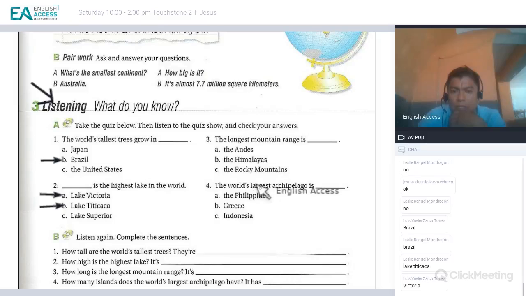The world's largest archipelago is, okay, I have one opinion here that is the Andes. And the largest archipelago is A, B, or C?